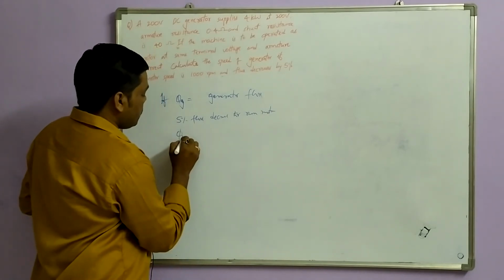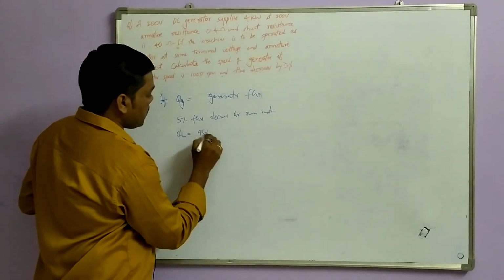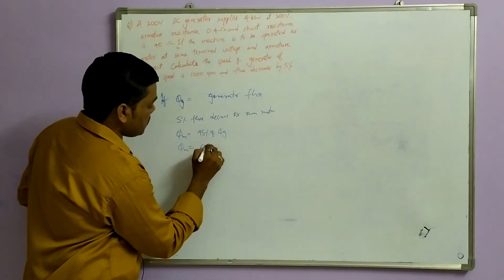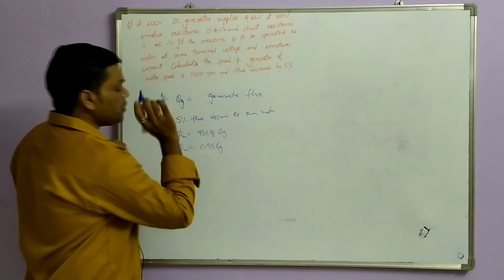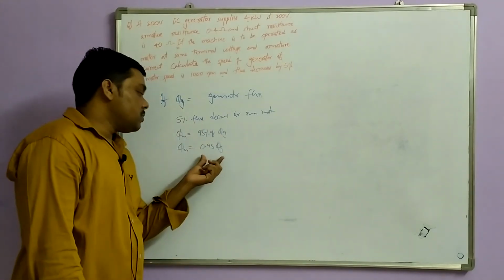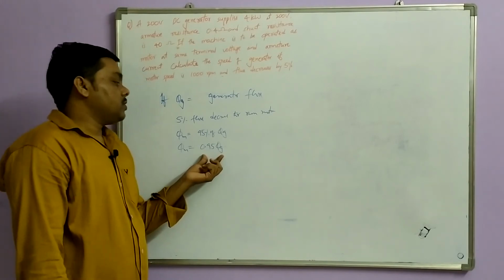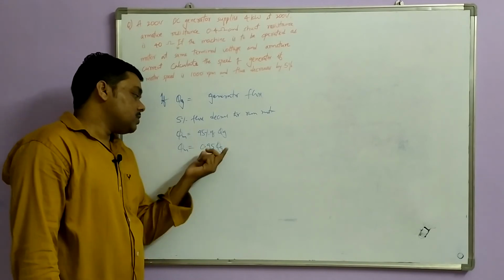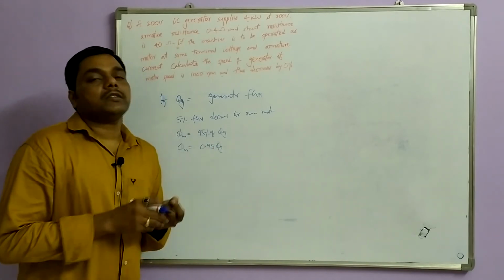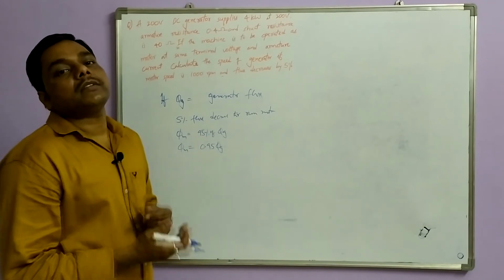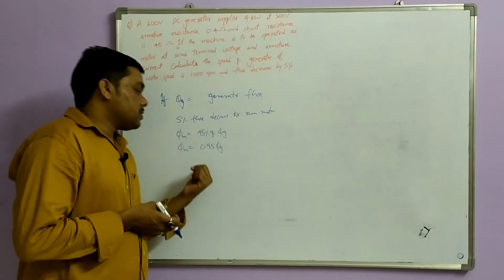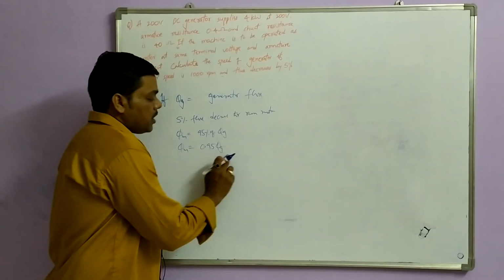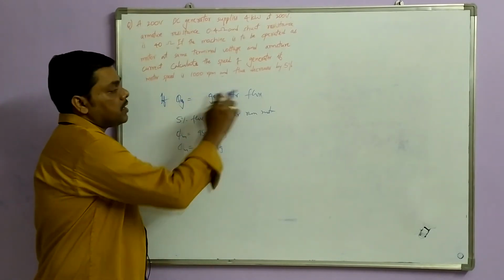So phi m is equal to 95% of phi g, nothing but phi m is equal to 0.95 into phi g. Now this much amount of flux is required. So you can see here the generator speed is greater than the motor speed, so the flux is going to decrease. Now phi m is equal to 0.95 phi g and phi g is the generator flux.